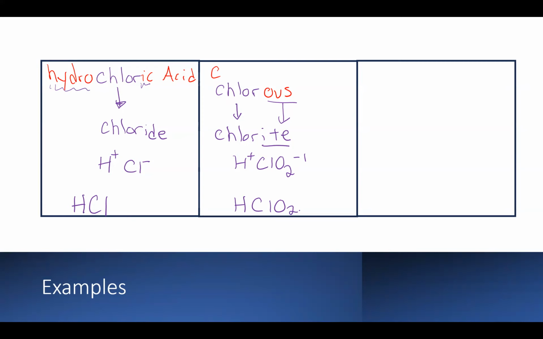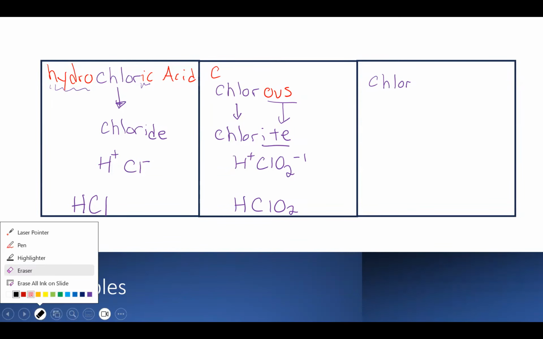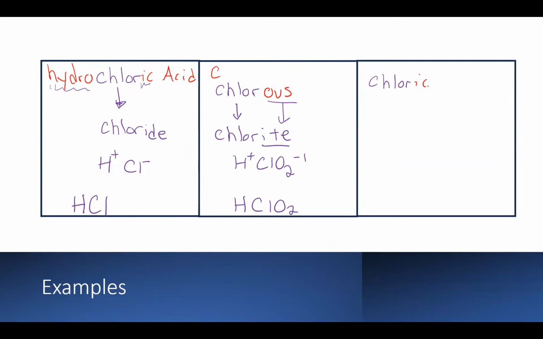Last example here, going through all three possibilities, we would have chloric. It's a very similar name to the first one we did because both of these end in ic. The difference is the prefix hydro being present in the first one, but not this one. So we still bring the chlor down, but then it goes from ic back to its original ending, which was "ate."